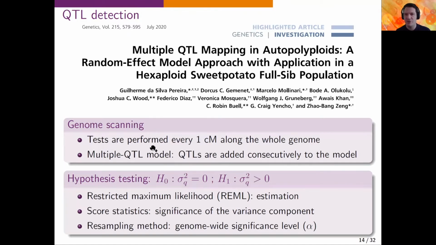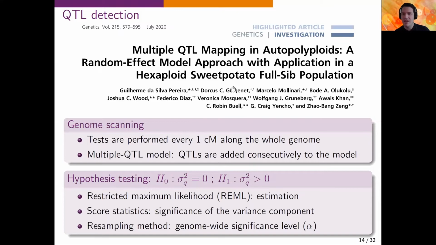And this has to do with the increase of power that Chris was mentioning in the first presentation, right? And we declare a locus of a QTL when the variance component associated with it is significantly higher than 0. So we also change the hypothesis testing here, because for fixed effects, we are interested in means, and for random effects, we are interested in variance components.